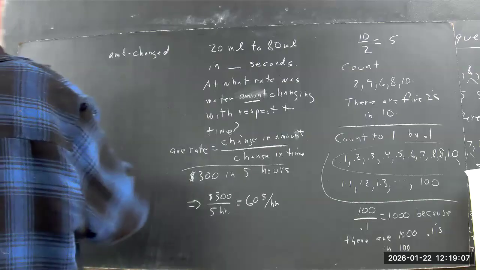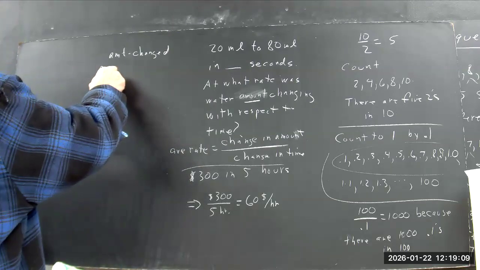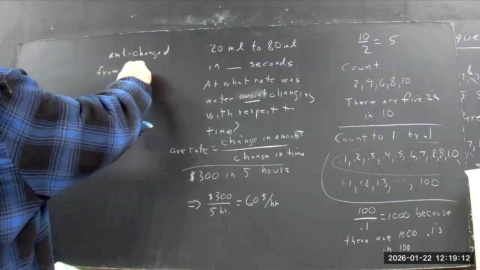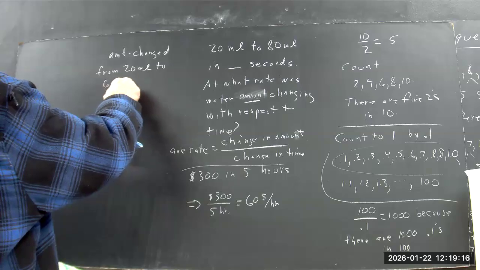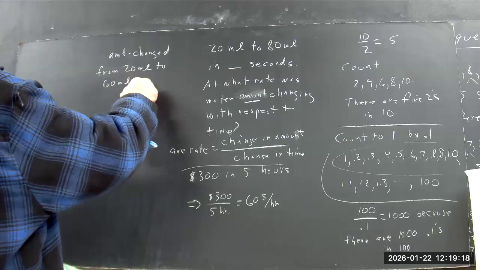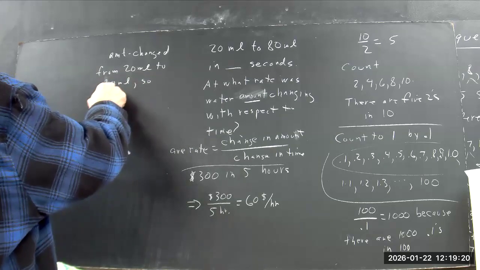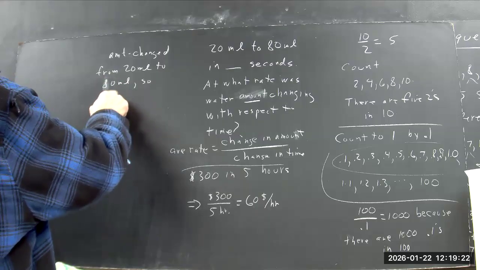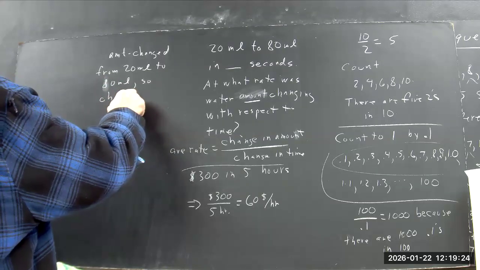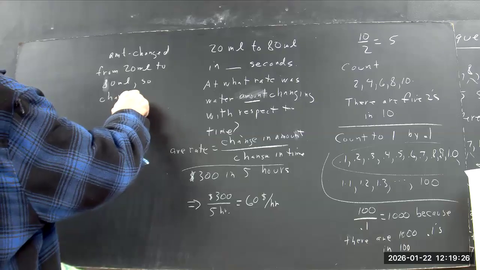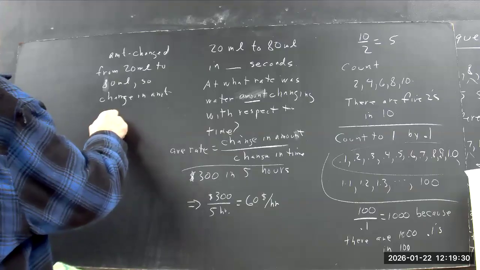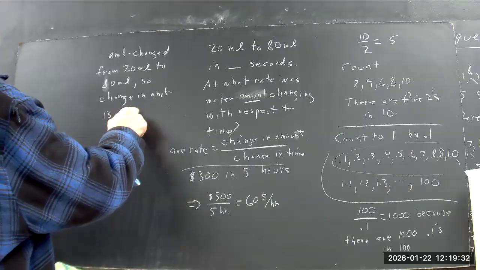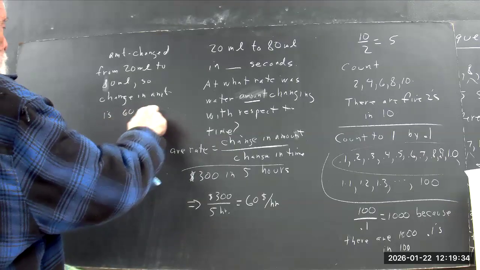We're running out of time, so let me do this real quickly. The amount changes from 20 milliliters to 80 milliliters, sorry. So the change in amount is 60 milliliters.